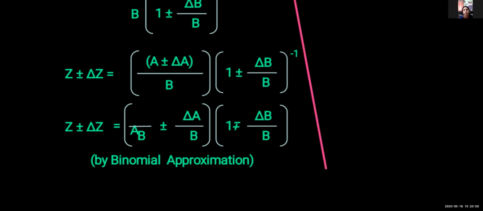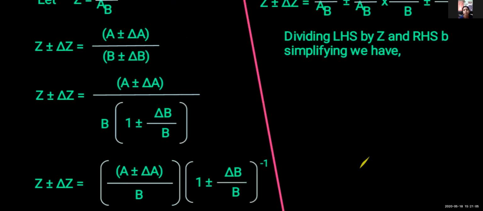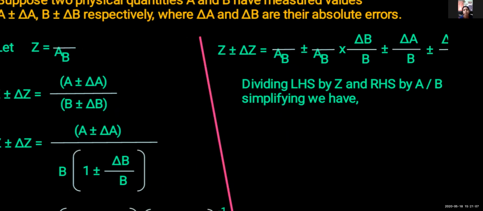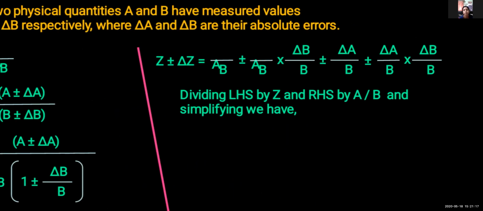So by using this theorem, it will be Z plus minus delta Z equal to A upon B plus minus A upon B into delta B upon B plus minus delta A upon B plus minus delta A upon B into delta B upon B.